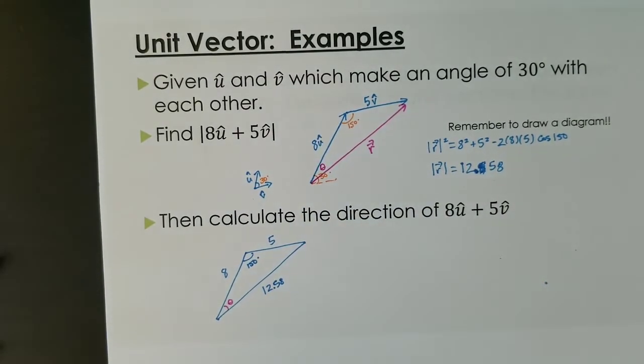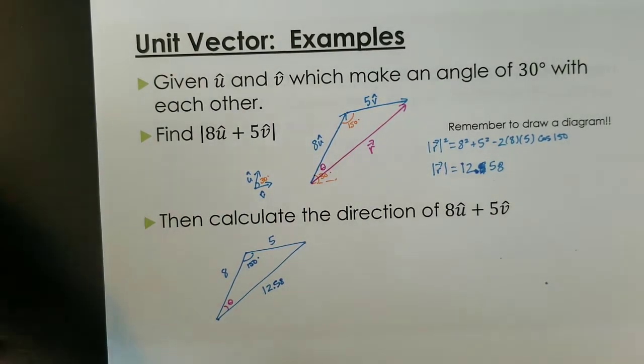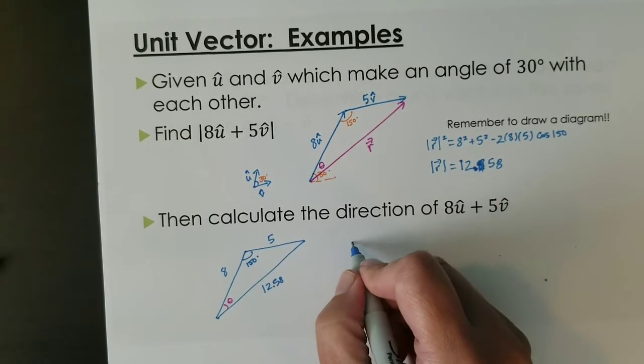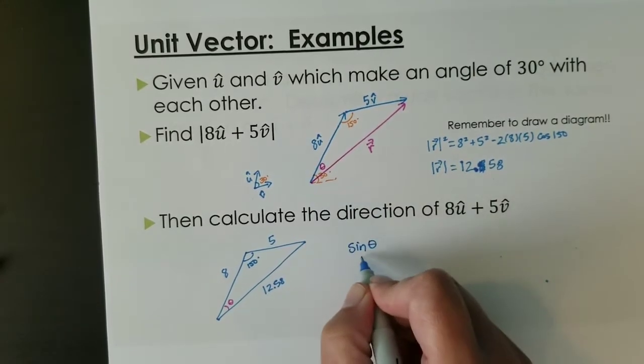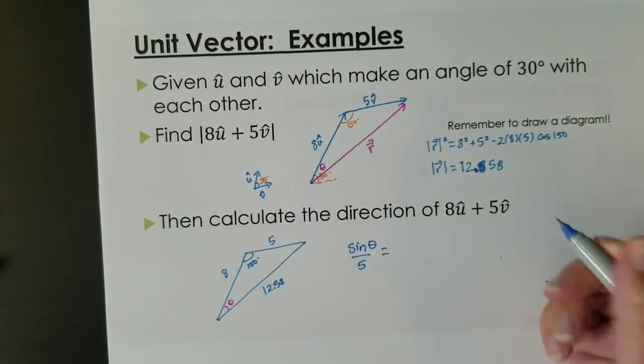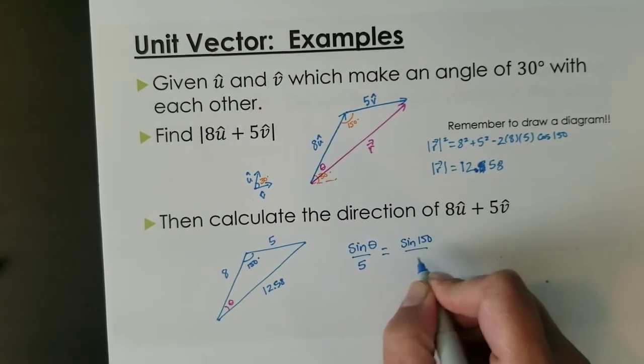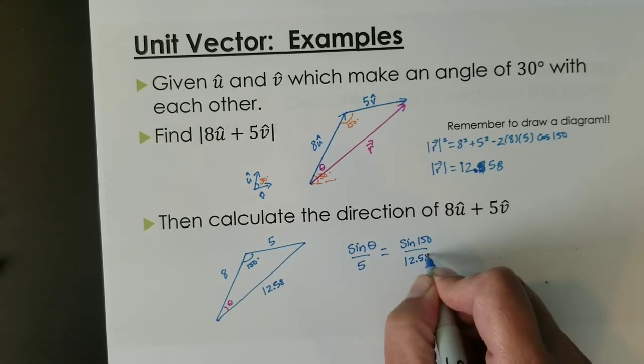You always want to have your vector angles between them tail to tail. So if I'm solving this for theta, sine theta over 5 using the sine law is sine of 150 over 12.58.